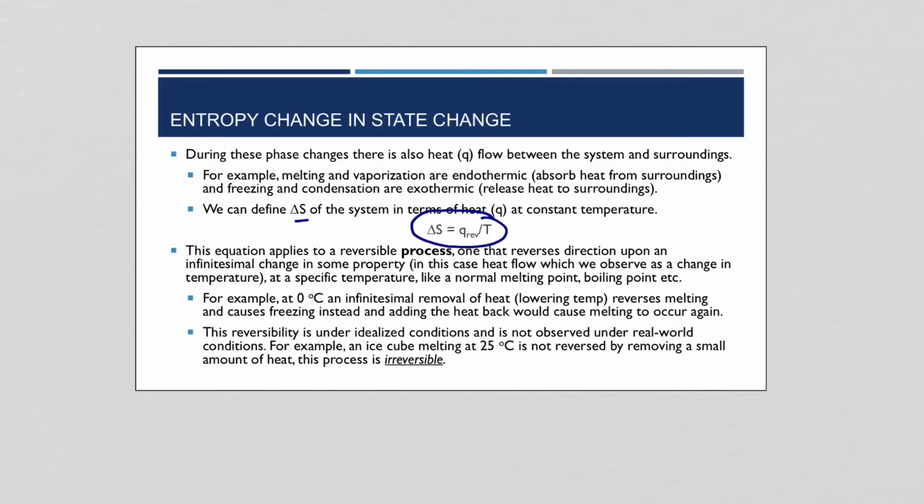For example, if we're at 0 degrees Celsius, the normal freezing and melting point of water, an infinitesimal removal of heat will lower the temperature, and it will reverse the melting and cause freezing.